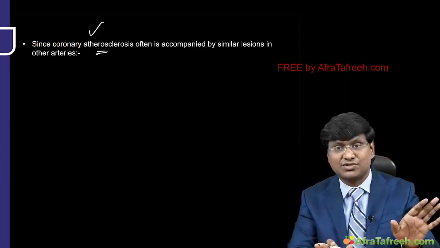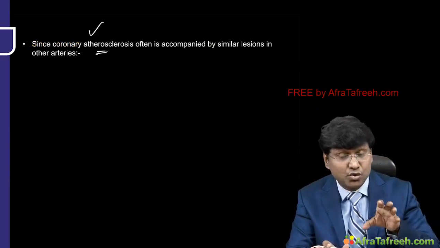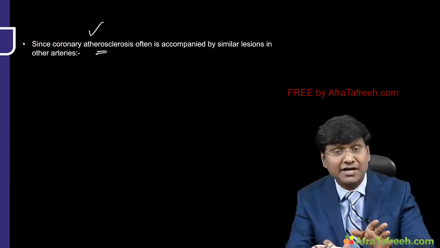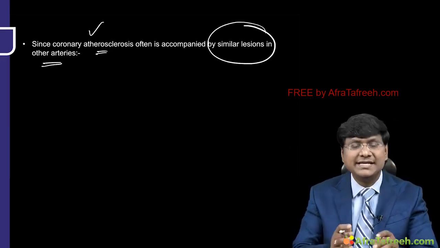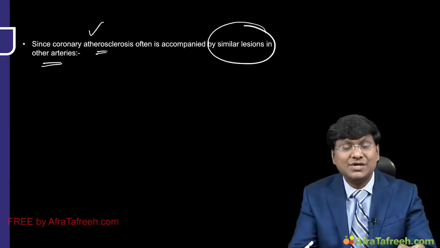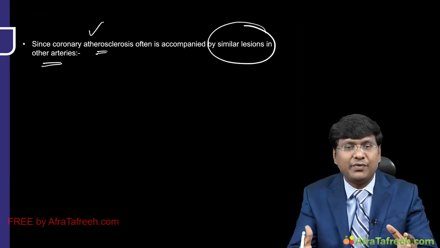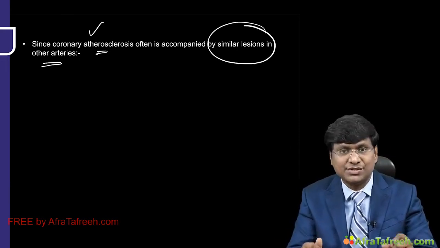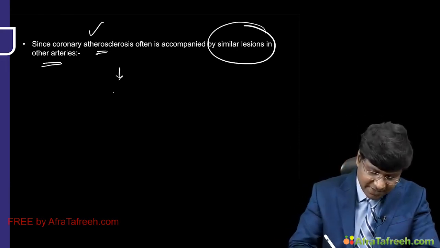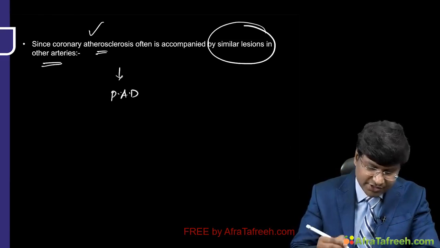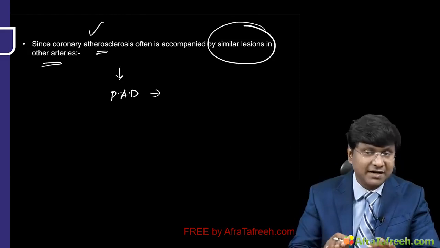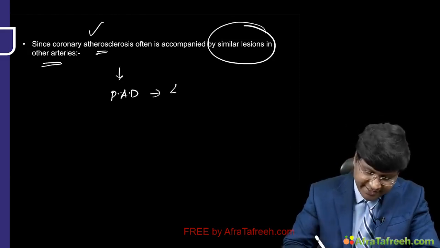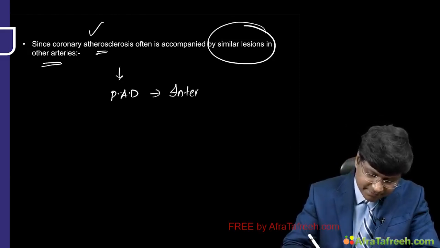disease is coronary atherosclerosis, and this coronary atherosclerosis is often accompanied by similar lesions in the other arteries. What are the other arteries where you have this atherosclerosis? There can be atherosclerosis in the peripheral arteries causing peripheral arterial disease, and because of the peripheral arterial disease, there is intermittent claudication.